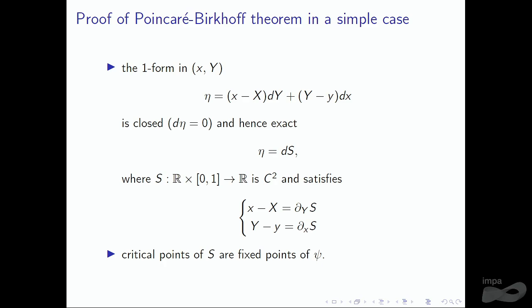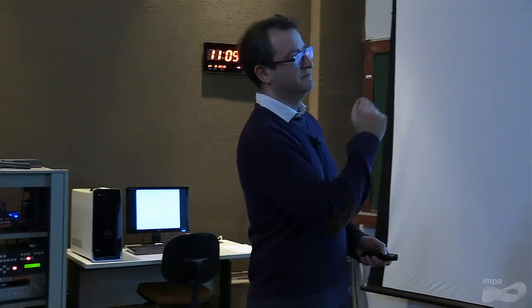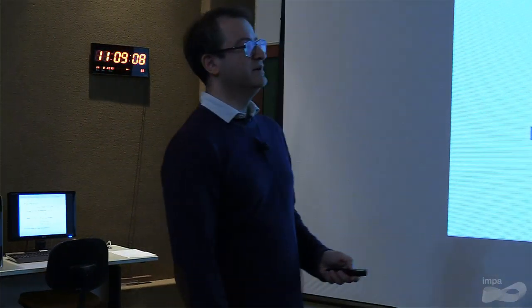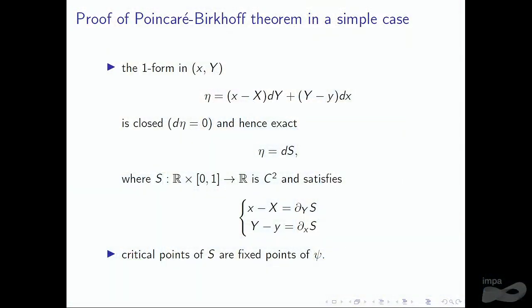To show that the function s is periodic, we integrate in the little x direction, along a horizontal line, in an interval of length 1, and we have to show that the integral of this term here is equal to 0, so it doesn't change.